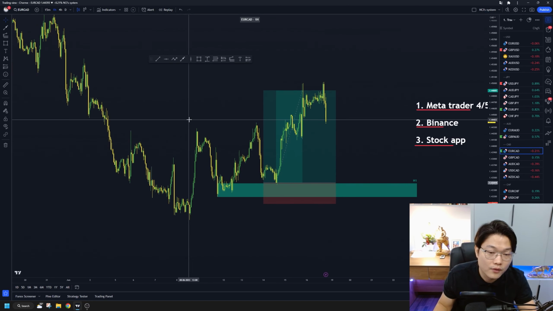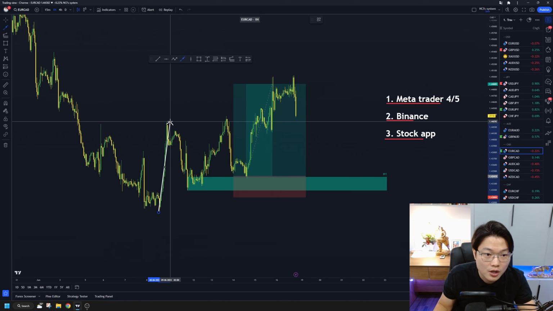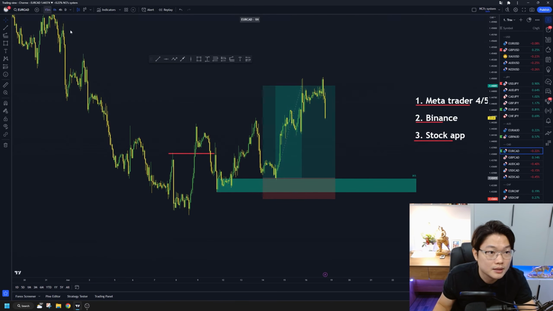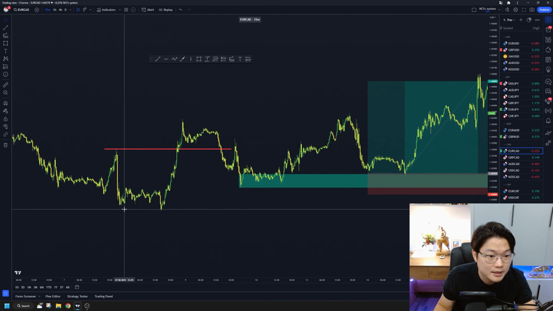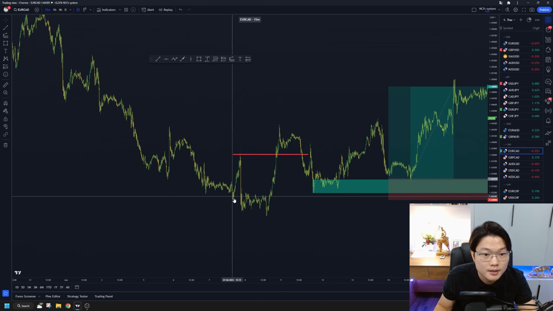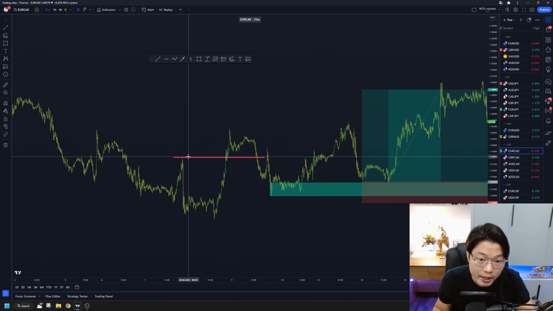For example, for this trade, you can see the market creates the up momentum very strongly right over here, and already breaks out the recent low right over here. In the smaller time frame, you can see the market already changed the market structure from the down movement into the up movement after the market broke out the recent high right here.